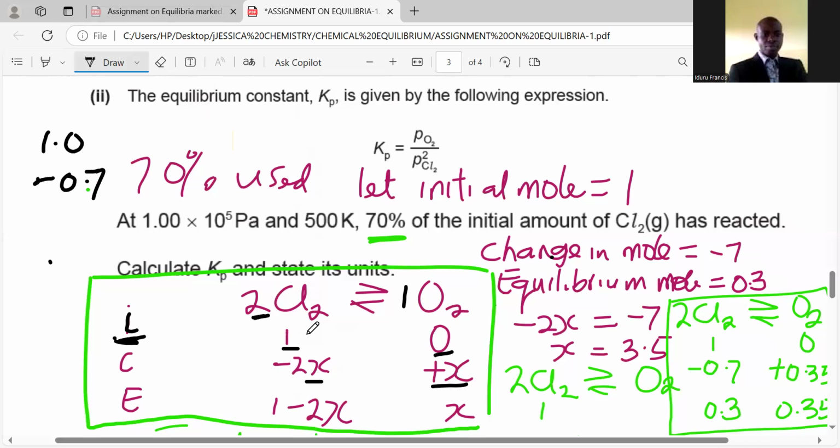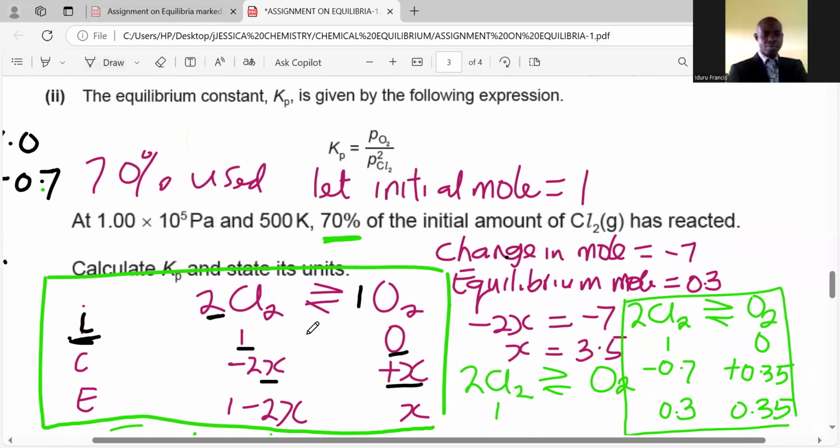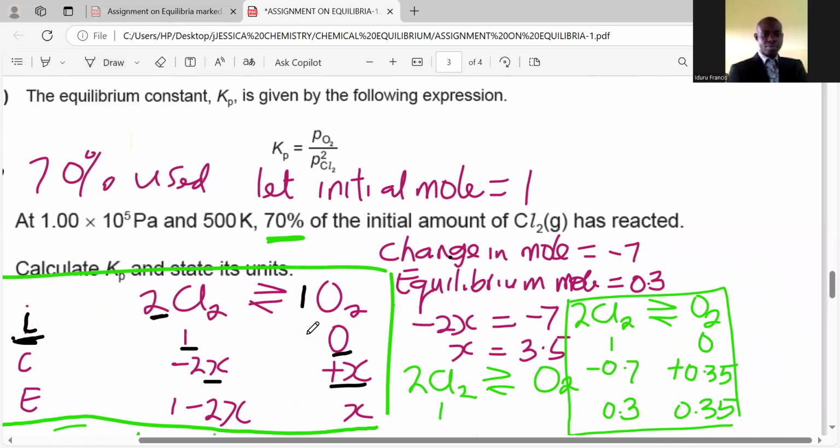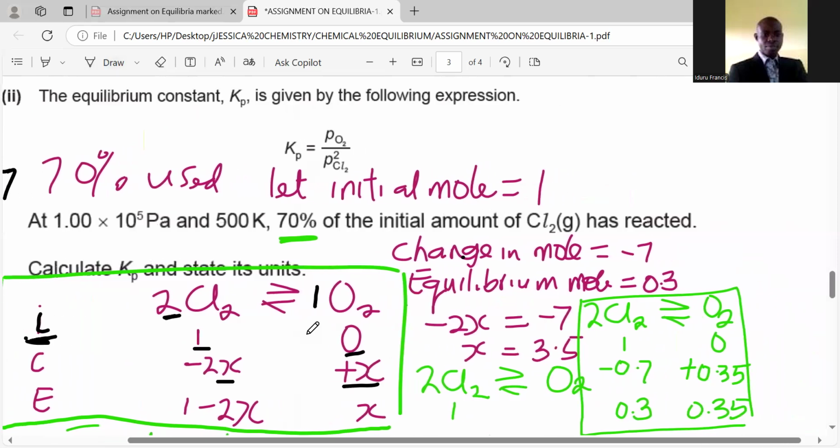And that will take me to the second ICE table on my left-hand side here. You will see 1 mole for chlorine, then minus 0.7, which represents the 70% used. So under change, chlorine is minus 0.7.